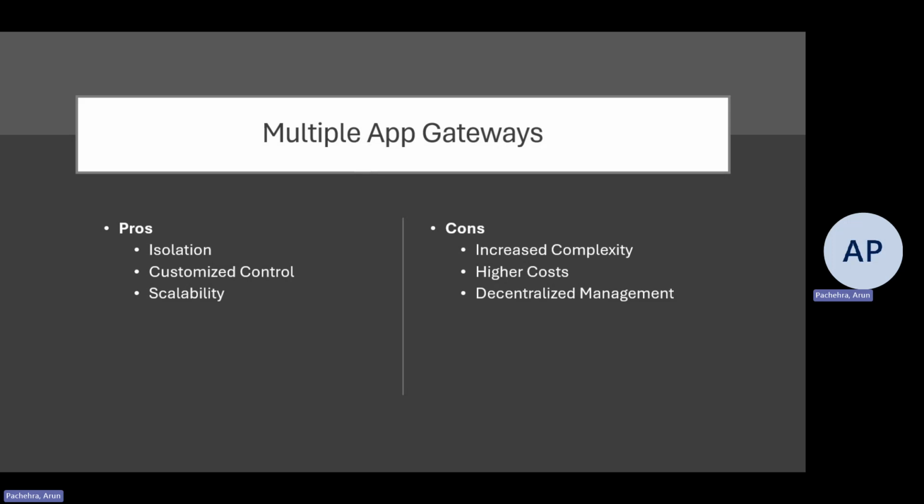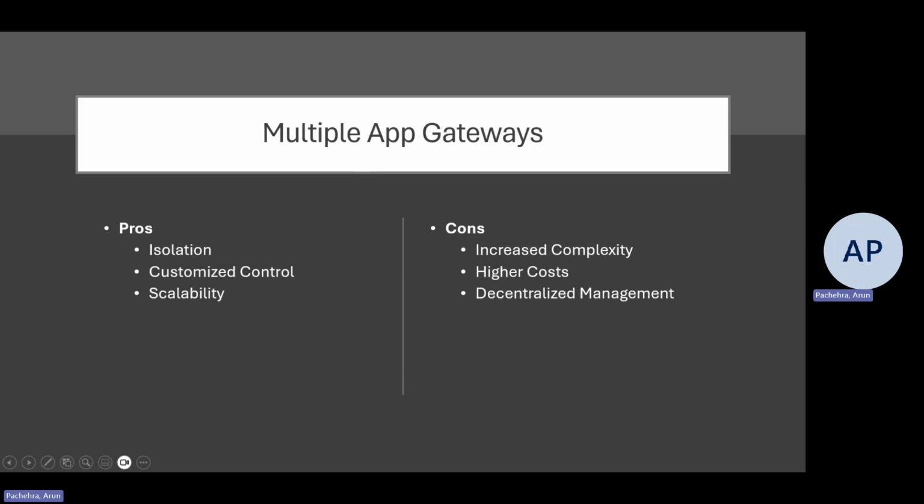Then customized control. With dedicated application gateways, you can tailor WAF rules, SSL certificates, and routing rules to meet specific application requirements without affecting others. And scalability. Each app gateway can be scaled independently based on the traffic and performance requirements of the application it serves. All right, so these are the pros.